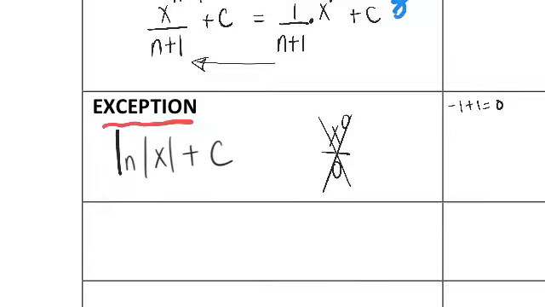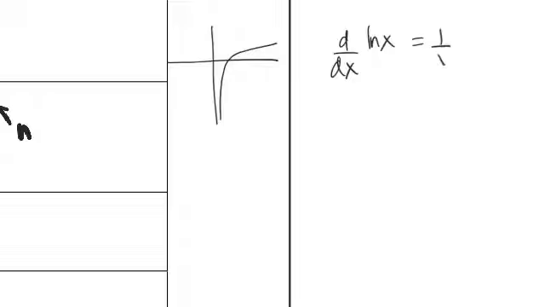Okay? The reason we are saying absolute value of x, I'll just go here quickly to explain that. You might remember from the fall that the derivative of ln x is equal to 1 over x. And if you think of the graph of ln x, that makes a lot of sense because, imagine just sketching your derivative of this graph, right?